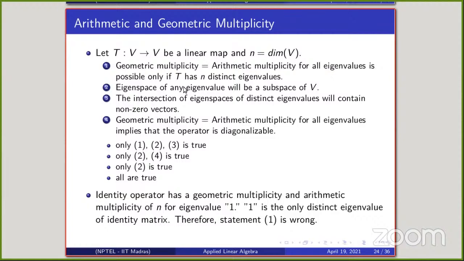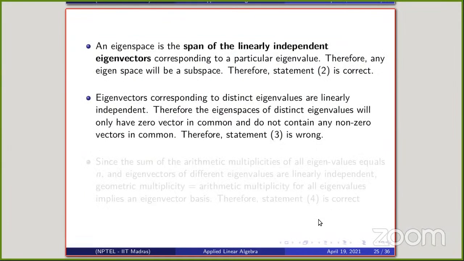But the first statement says geometric and arithmetic multiplicity are equal for all eigenvalues only if the operator has n distinct eigenvalues. The identity operator is a counterexample, because it has only one eigenvalue 1, which has arithmetic and geometric multiplicity both equal to n. Going to the next statement, an eigenspace of an eigenvalue is the span of the linearly independent eigenvectors corresponding to that particular eigenvalue. So any eigenspace will be a subspace. So the second statement is correct.